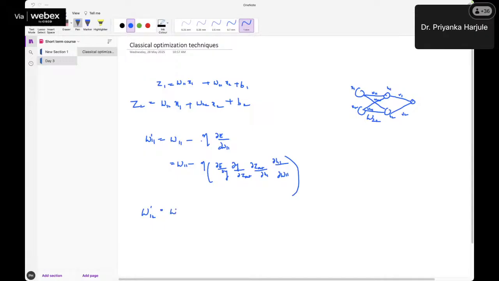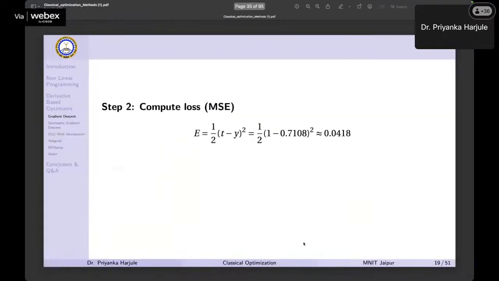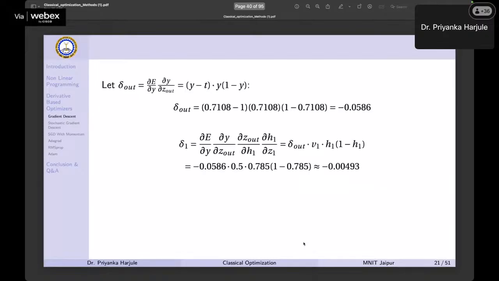Okay, W12 minus eta times delta E upon delta Y times delta Y upon delta Z out times delta Z out upon delta H2 and H2 upon W12. Okay, so this way the chain rule works, and you have all the values for them.